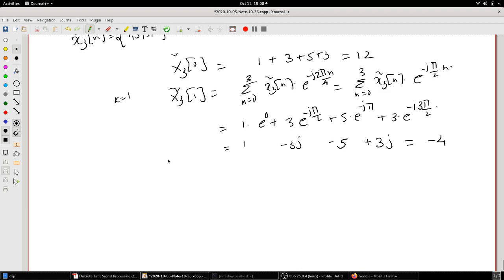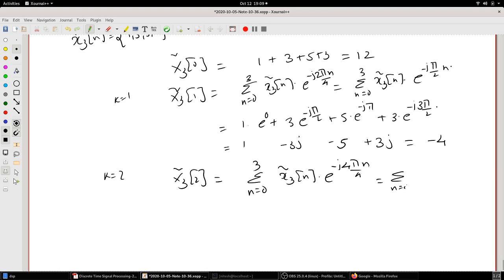x3 tilde of 2 will be equal to 1 into e raised to 0 plus 3 into e raised to minus j pi. Let me write it properly for you. Here this will be summation n equal to 0 to 3, where k is equal to 2, of x3 tilde of n into e raised to minus j 4 pi n by 4, which is summation of x3 tilde of n into e raised to minus j pi n.